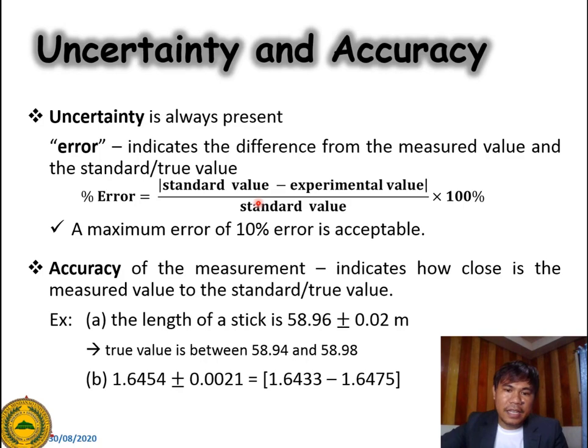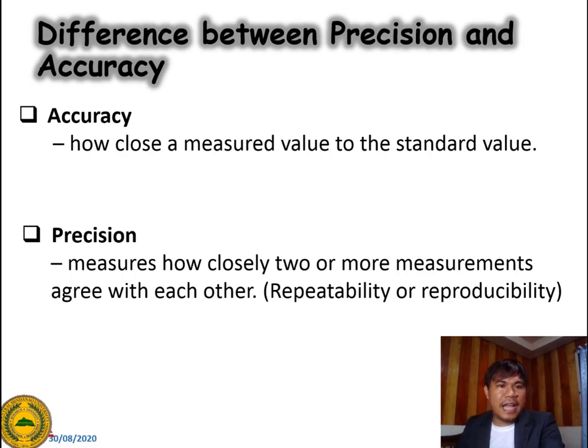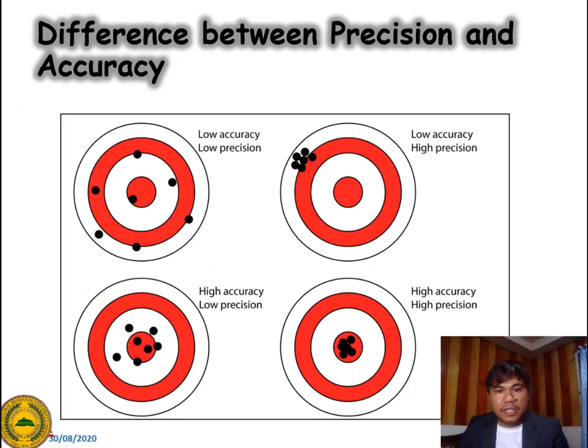Accuracy is defined as how close the measurement is to the standard value, while precision is the repeatability of that measurement. So this is the definition of precision and accuracy.